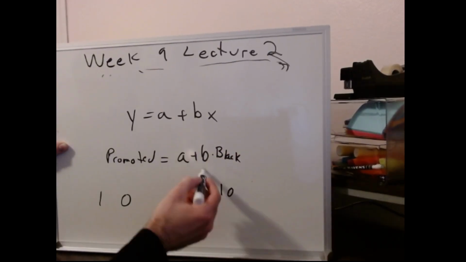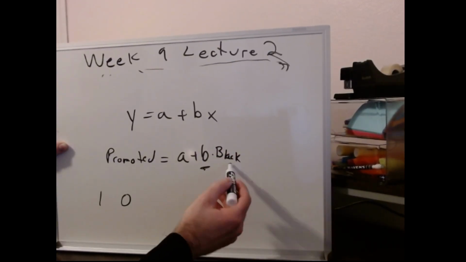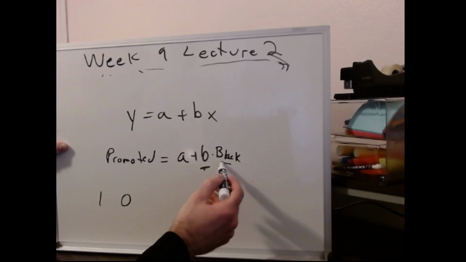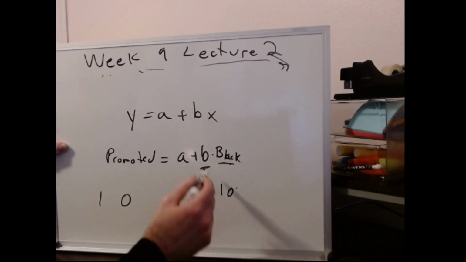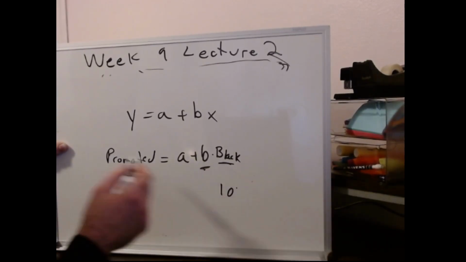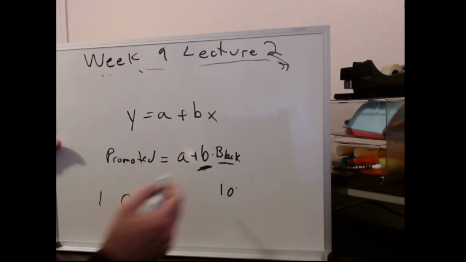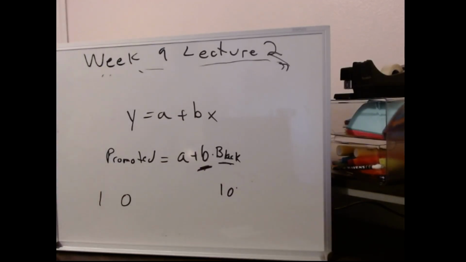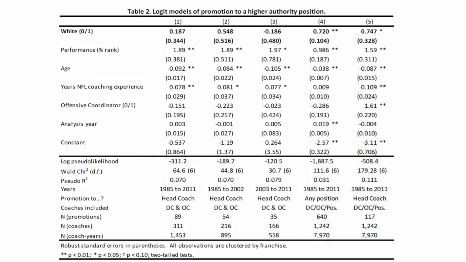So the interpretation of our coefficient is: if a head coach was black instead of white, the increase in the probability that they get promoted, from 0 to 1, would be whatever that coefficient is. So now the interpretation of our coefficients is the increase in the probability of being promoted.